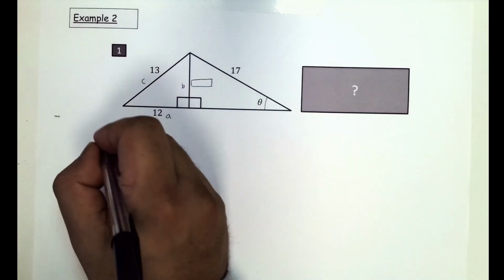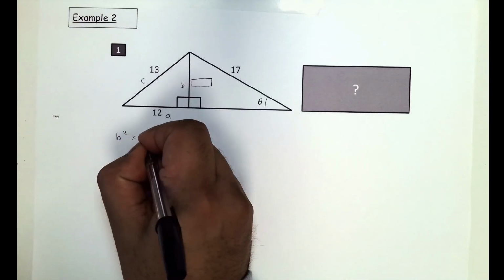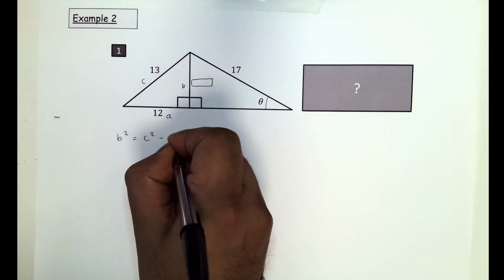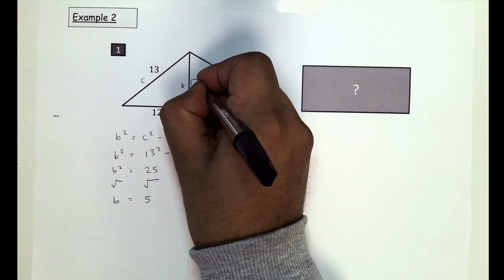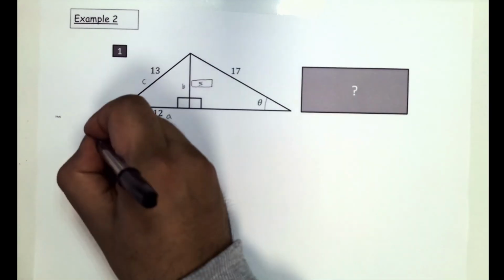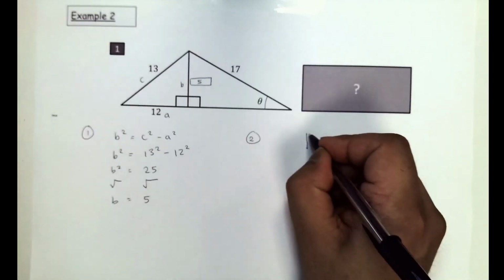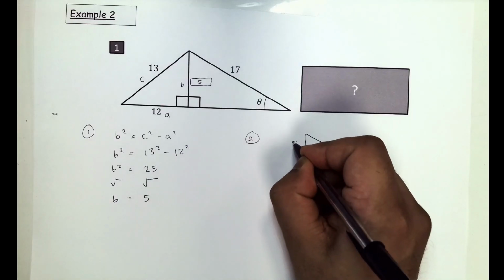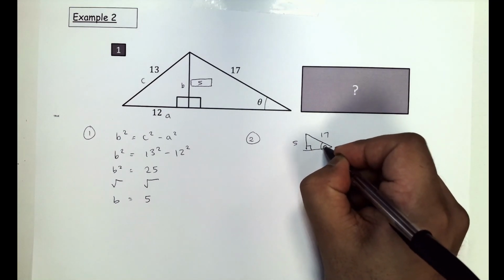So in this case, P squared is equal to C squared take away A squared. I can use that to help me work out the angle theta. I'll just draw a separate diagram to make my life a little bit easier. I want to work out that angle there.